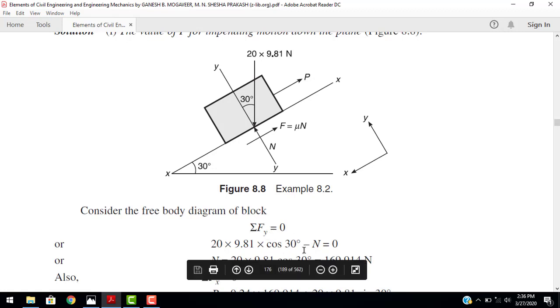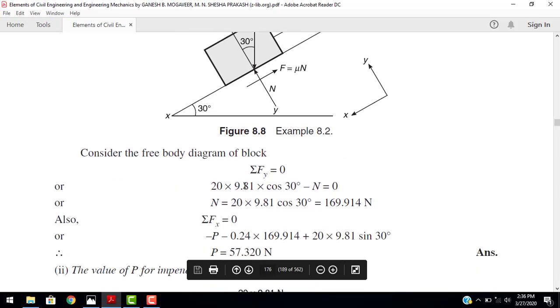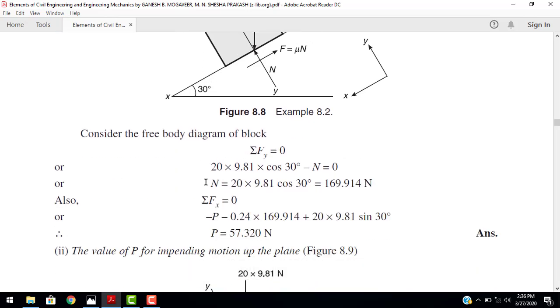Even here we can take this as positive and that as negative, so it depends on your comfort. Both are acceptable. So now the N value is equal to 169.914 Newtons.